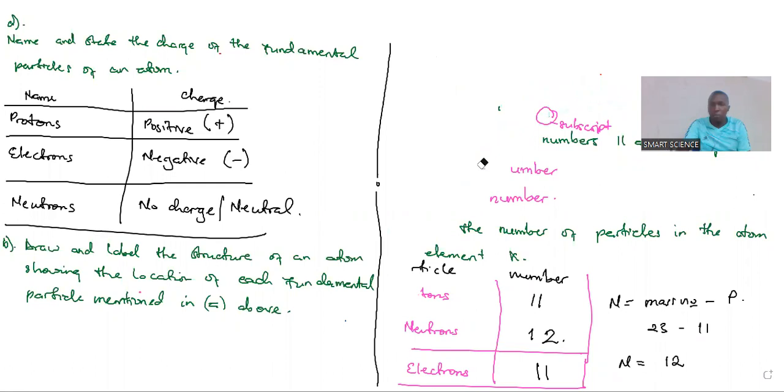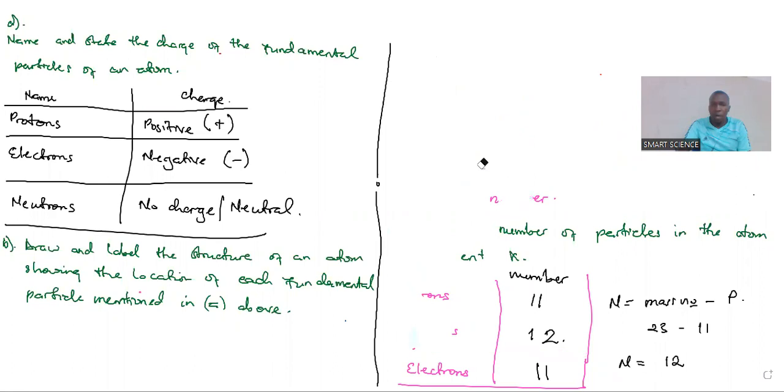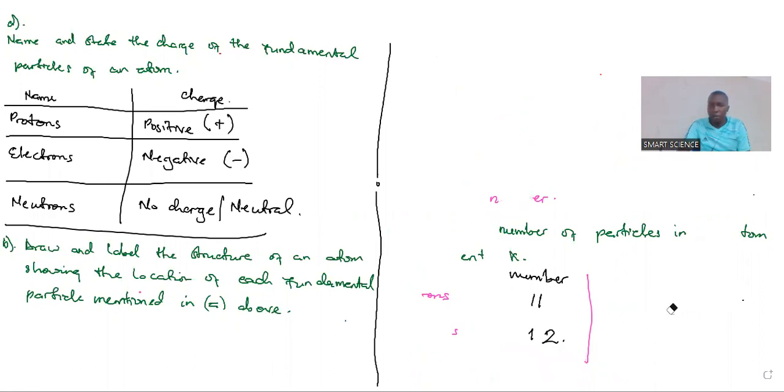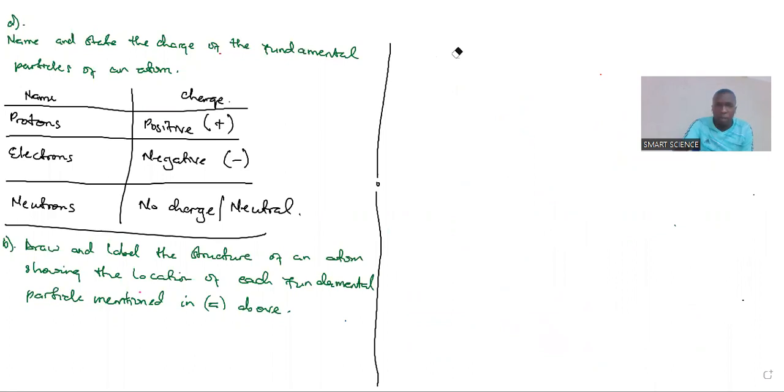You come to your answer booklet and come up with a simple and clear drawing that shows the structure of an atom. Since we agreed that the atom should have a nucleus, so draw your nucleus, put protons and neutrons. Even if you draw one single shell and put the electrons there.